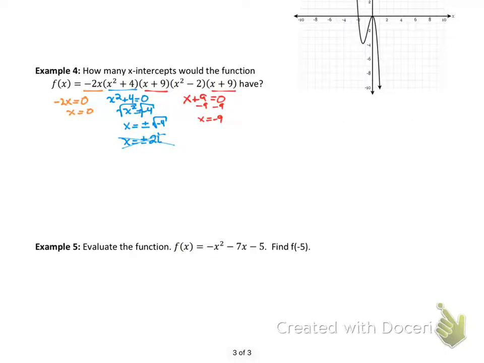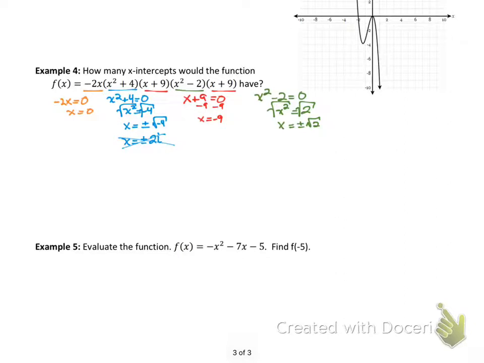And then finally, x squared minus 2. Okay, so we add 2 to both sides, so x squared equals 2. We take the square root, which means how many answers do we get? 2. The positive and the negative, right? You'll find that things that we learn in the first semester don't disappear just because you're in the second.